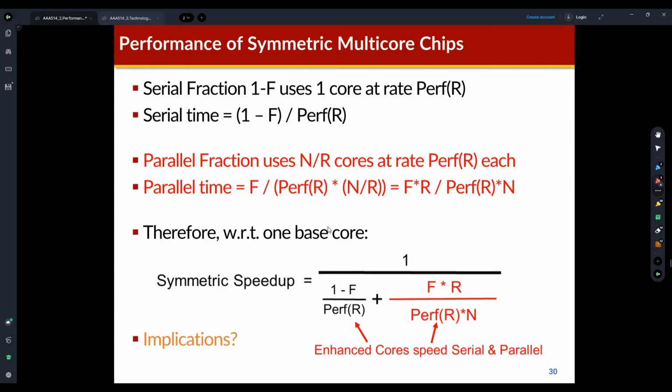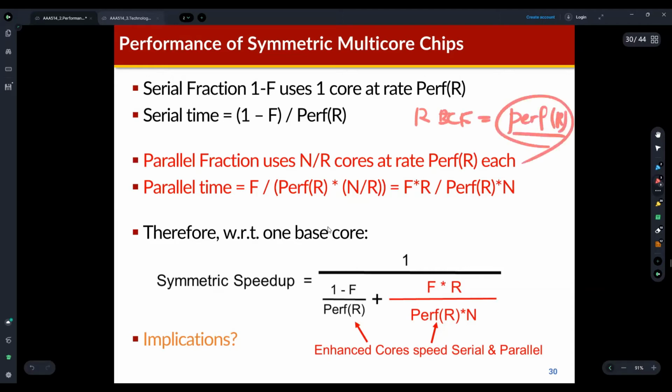We assume that the performance of an R BCE core is perf R. If we use the enhanced core, then the serial part of the application is also improved, so in the Amdahl speedup this factor is also improved.